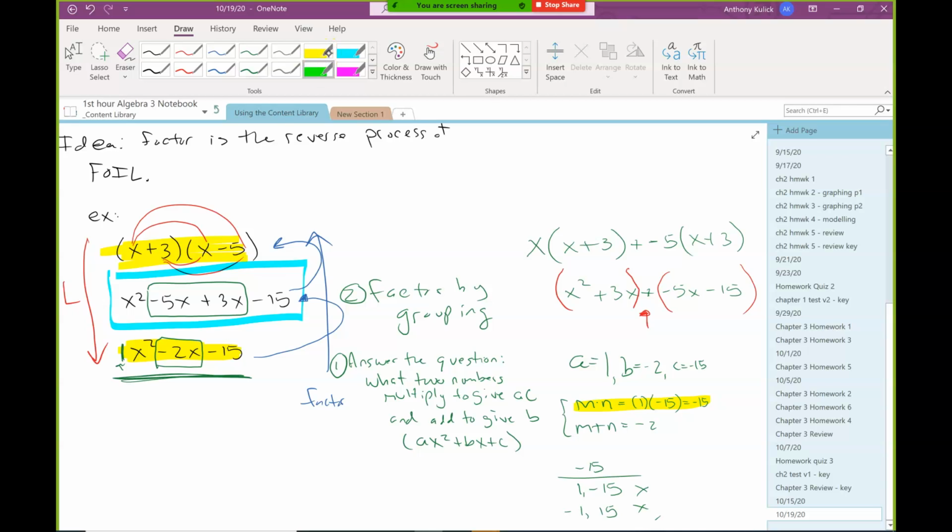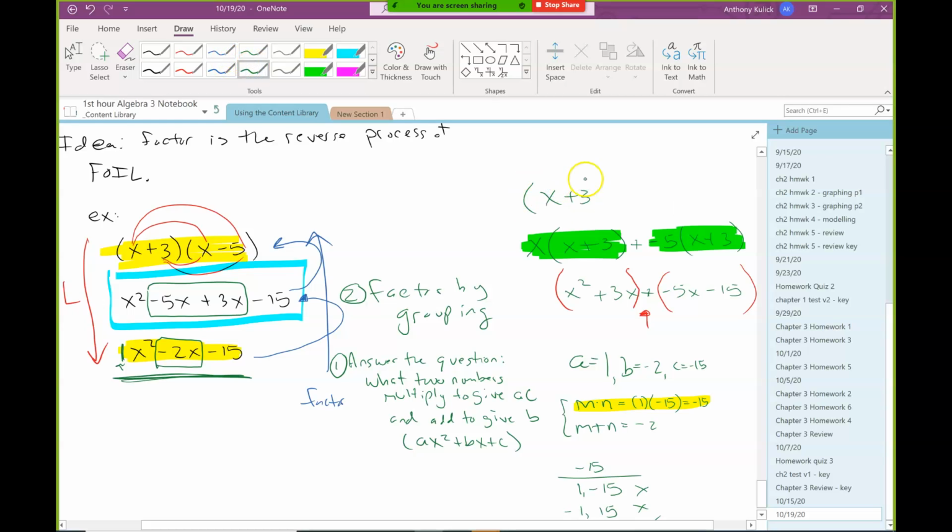Now what I'm going to do is I'm going to look at this as one term and this as one term. Is there anything in common between each of these? Yes. It is the x plus 3. Everybody agree with that?